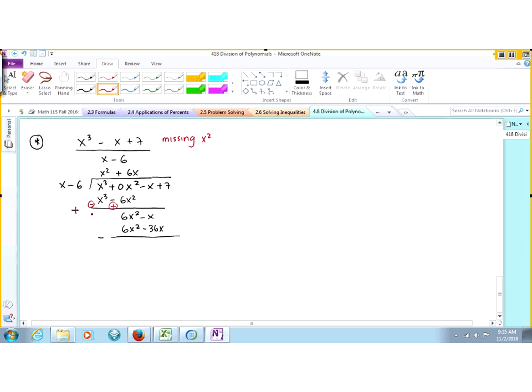Are we okay so far? Now, we are going to change this to addition with the opposite. All right, so 6x squared cancel, and what about these? 35x plus 7. Yes.